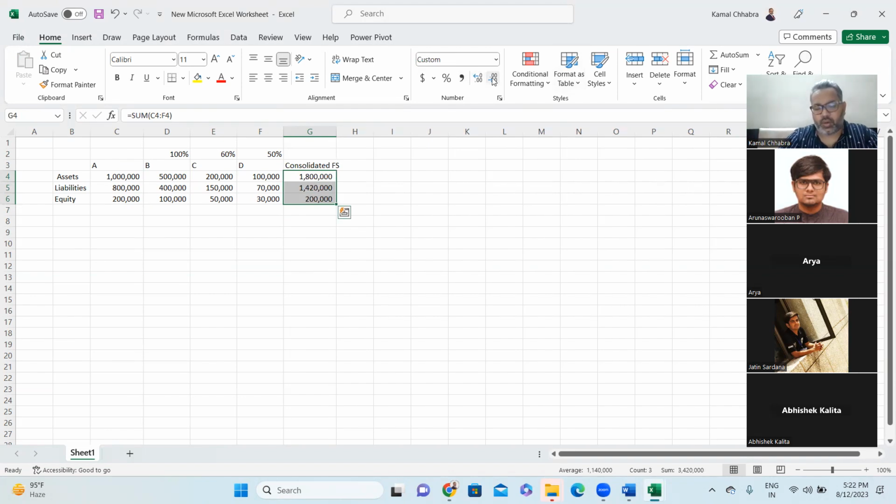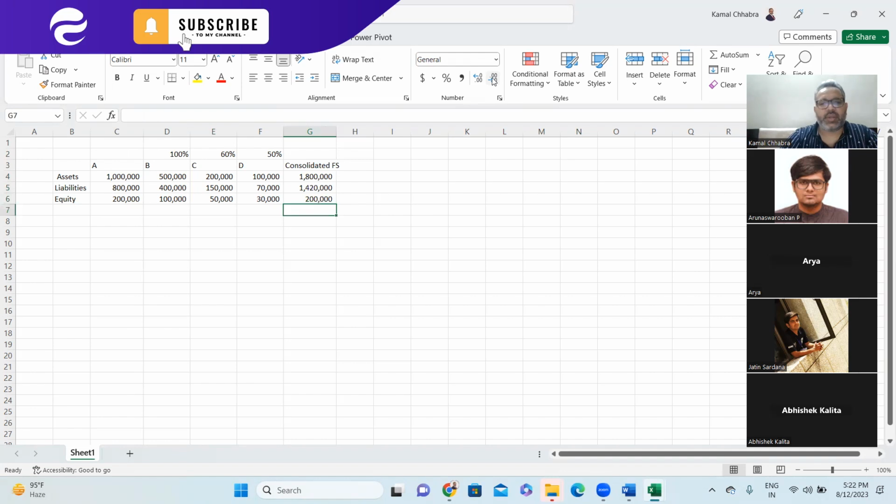Right? Now, if you see there is a difference, what is that difference? The difference is non-controlling interest. This will be the assets, liability, and equity in the consolidated financial statement. And whatever is the difference over here is part of your non-controlling interest.